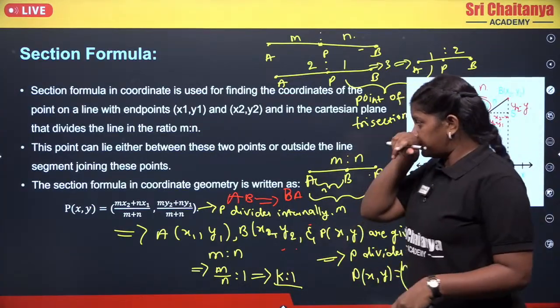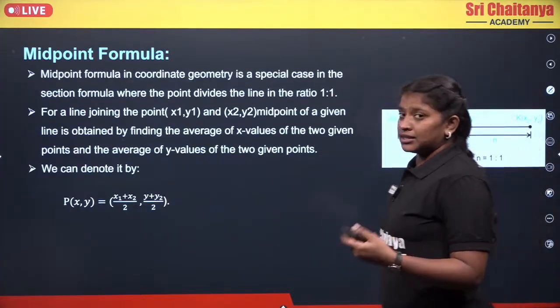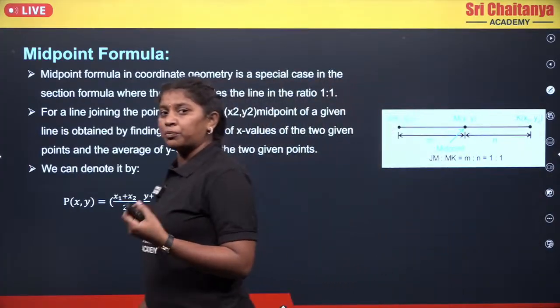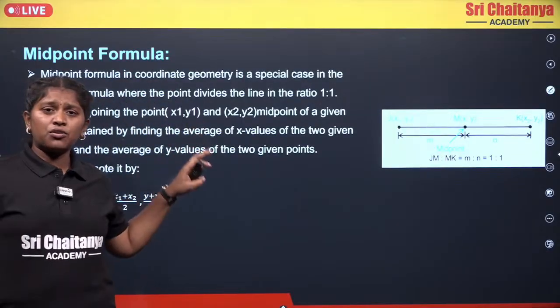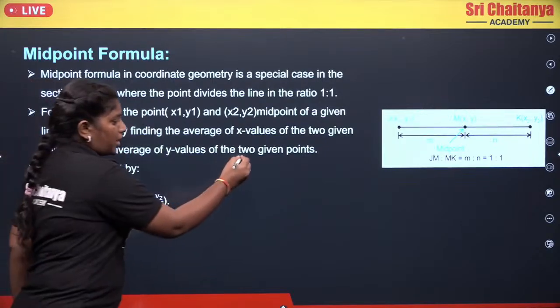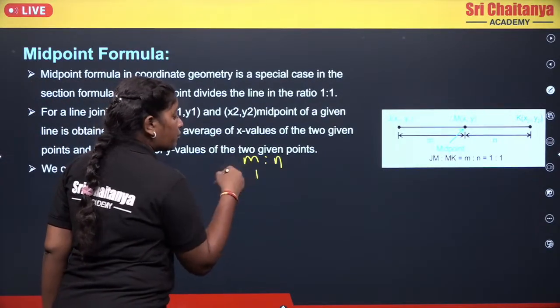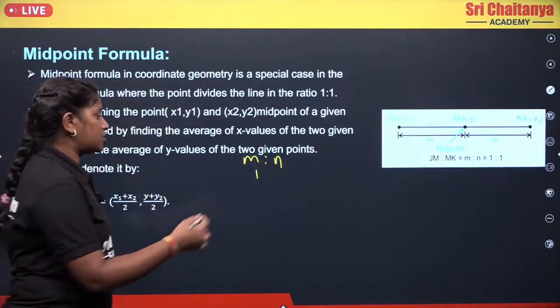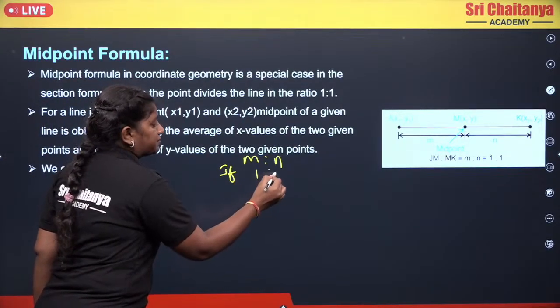Okay, now moving to the next, we will discuss another important concept, which is nothing but your midpoint. The midpoint is also an extension of your section formula. There the ratio is m:n. But what if the ratio becomes 1:1?